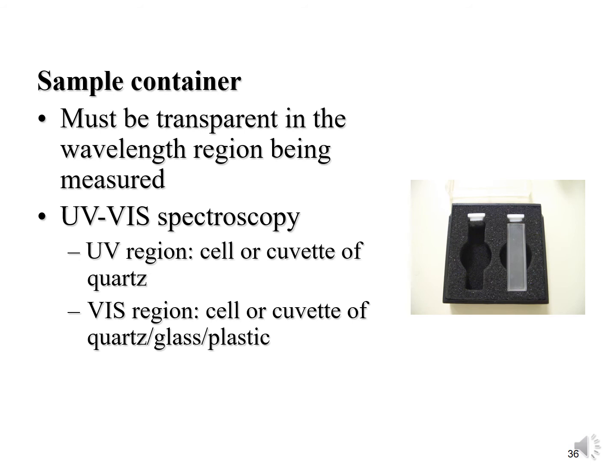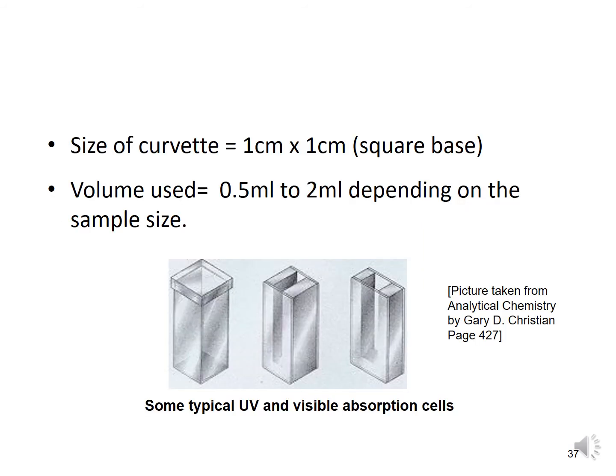And for the visible region, we use a cell or cuvette of quartz or glass or plastic. Basically the size of the cuvette is 1 centimeter times 1 centimeter. It is a square base, and the volume we commonly use is about 0.5 milliliter to 2 milliliter, depending on the sample size.